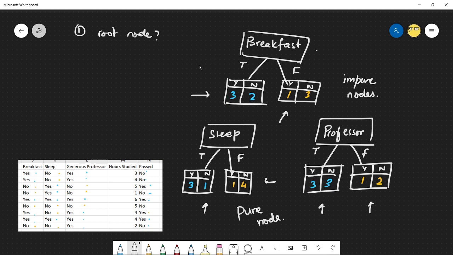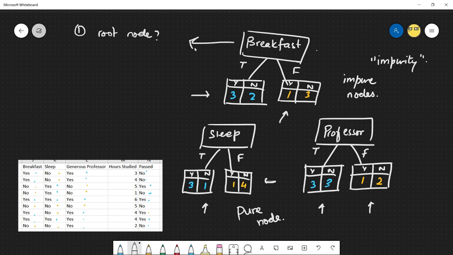Well, we weren't able to figure out if there were any pure nodes, but we could find a measure of how impure these nodes are, the measure of impurity. So what I mean by that is, let's say if the impurity score for breakfast was smaller than sleep or professor, in that case, I would say that breakfast should be our root node, because it gives us the lowest level of impurity, because we're trying to reach purity going forward.